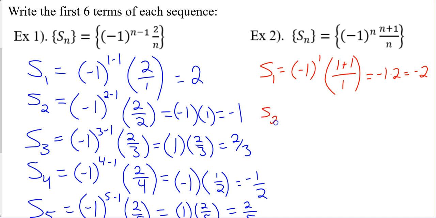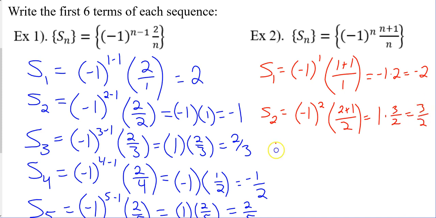The second term would simply be -1 to the second power times 2 plus 1 over 2. So that's going to be 1 times 3/2. For s sub 3, we're going to have -1 to the third power times 3 plus 1 over 3. So that's -1 times 4/3.